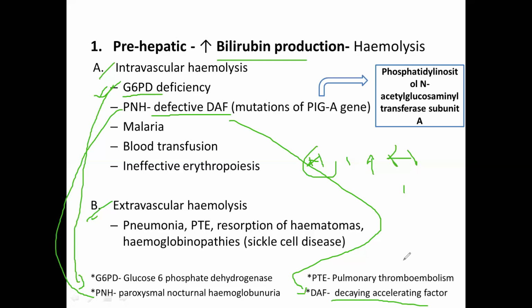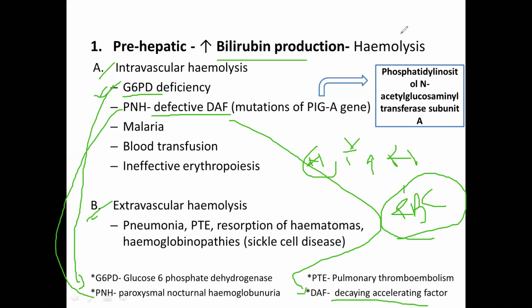This surface protein usually resides on the surface of RBCs, that is red blood cells. This DAF, the decay accelerating factor, is responsible for protecting RBCs from complement attack, or you can say innate immunity.